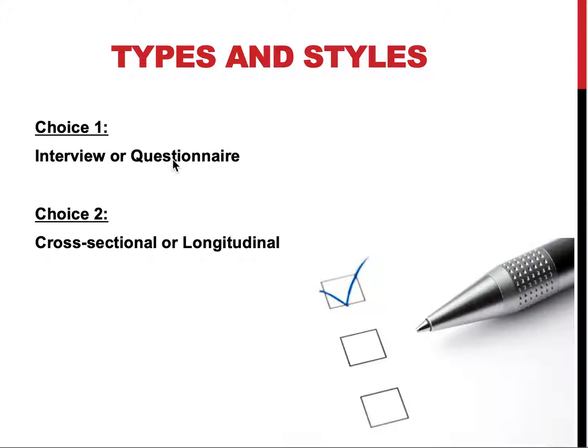One of the things I do want to point out has to do with the face-to-face nature of an interview, an interview survey where somebody asks you the questions and then marks down your answers, versus a questionnaire where you're doing it yourself. There are things that people will answer differently if they are able to be anonymous in their response.